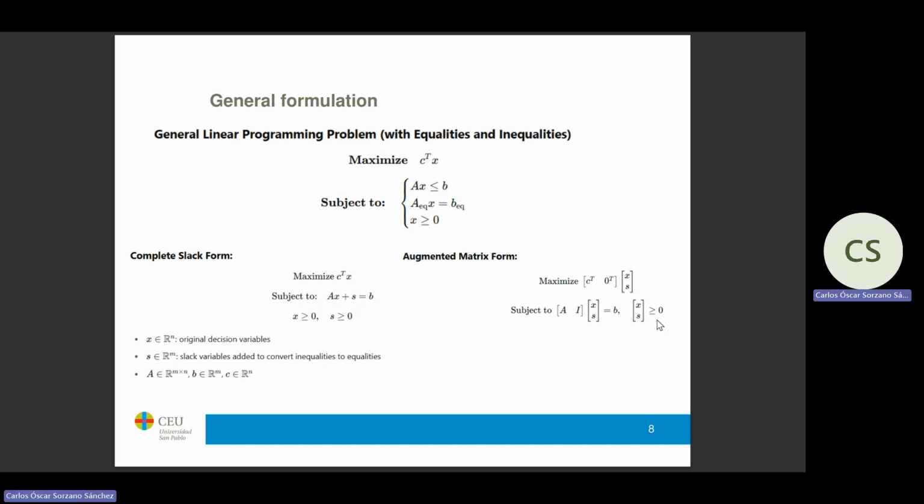And then the equality constraints have to be AX plus S equal B. And then X and S have to be both larger than or equal to 0. So you can put this problem as a matrix problem. It is simply a matter of writing how you write them. Any question?